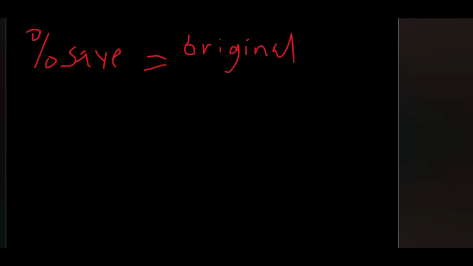So now the formula is percentage saved space is equal to the original size. The original data that was given, which was the enemy attack, minus the compressed. What we just compressed, the table that we drew or the Huffman algorithm that we used, was the compressed form.